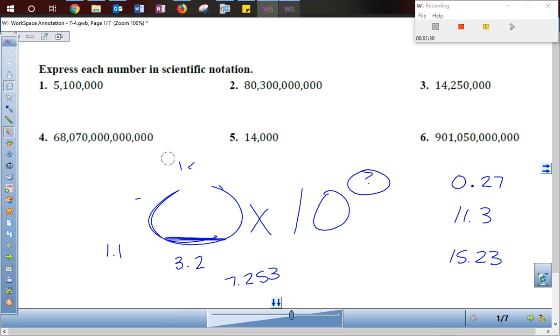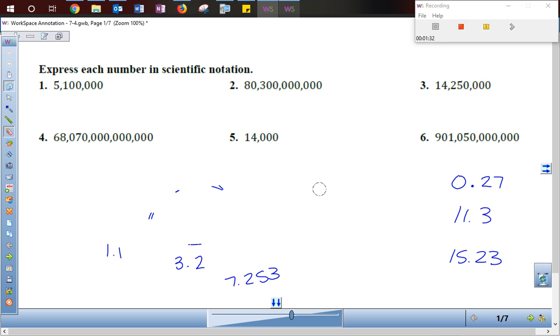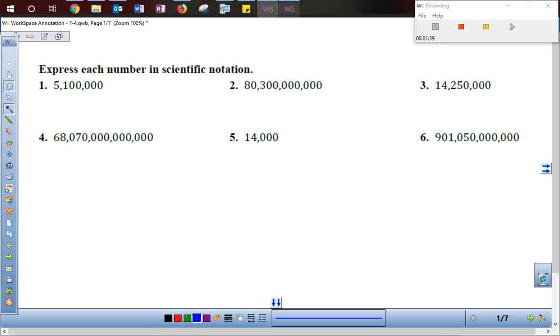Now if you look at number 1, I have 5,100,000 and I need to write that in scientific notation. Now the first challenge that I'm faced with is how do I turn this number into a number between 1 and 10?